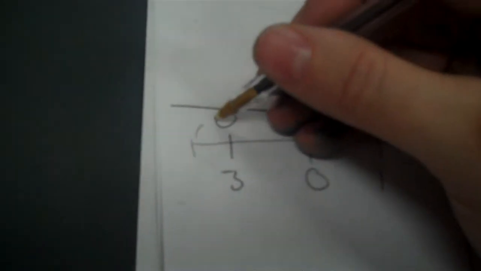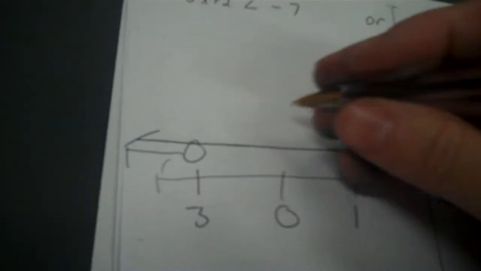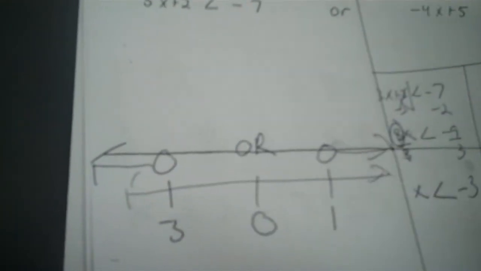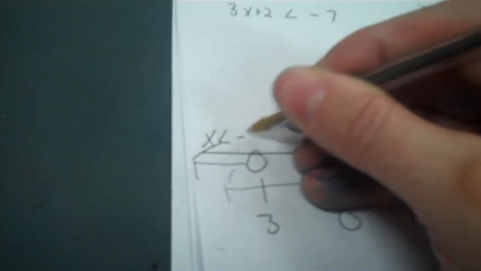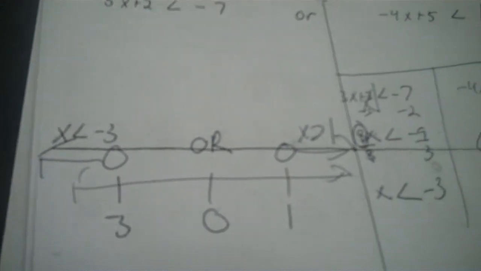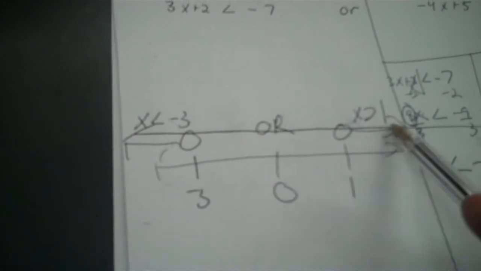Negative 3 goes that way, 1 goes that way. So again, it's or again. They don't collide, so I don't put the double less than. I just write what I see. x is less than negative 3, or x greater than 1. So I want to see the number line and also the things written above the lines that you draw.